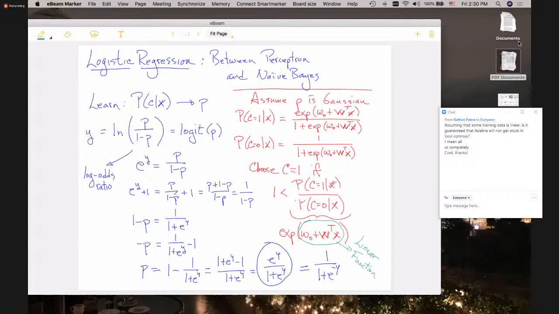We are trying to learn those weights, just like we were doing with both Adaline and the perceptron. So this immediately sets us up for the learning process where, as you'll see in a minute, we can't solve it in closed form, so we're going to apply gradient descent to find those weights.